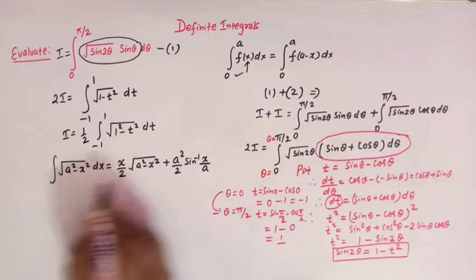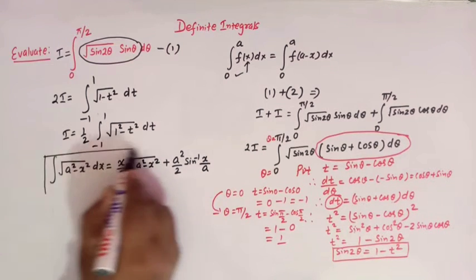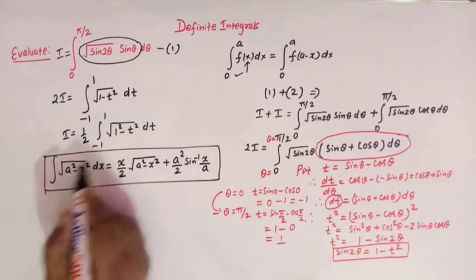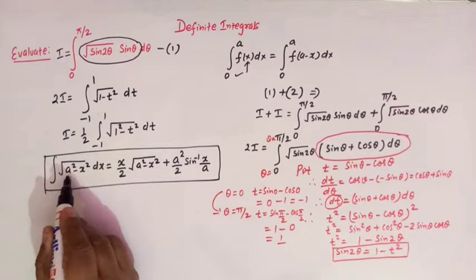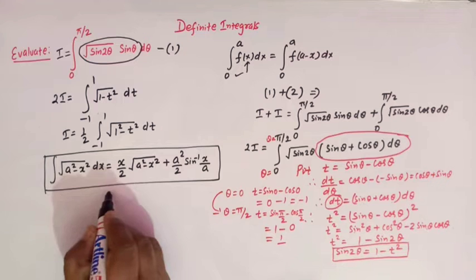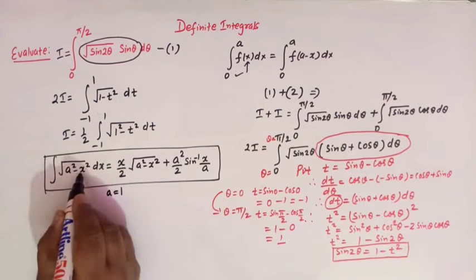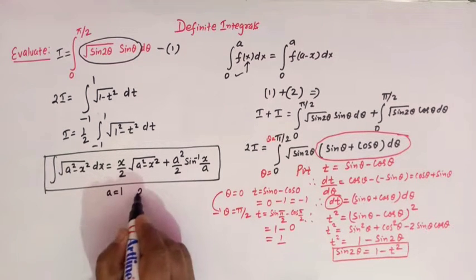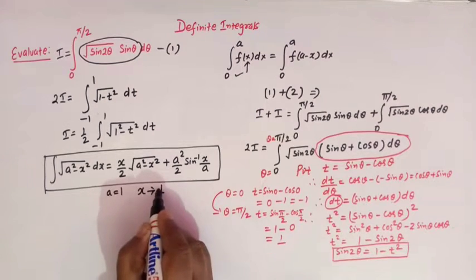So here we'll make use of this result, and if we compare this integral with this one, we see that the value of a is 1 and the variable x is t, right?